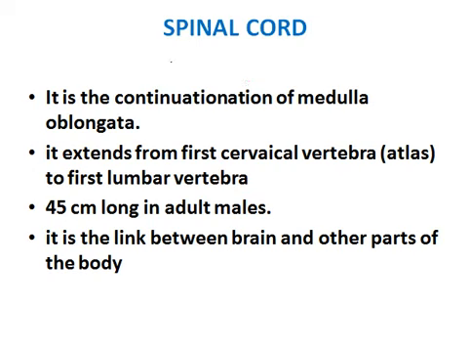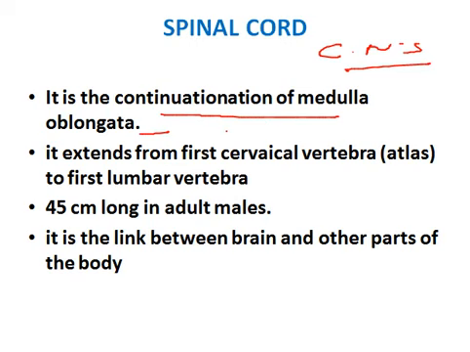Then the last section of the central nervous system is the spinal cord. So far we have discussed the brain. Now spinal cord. Spinal cord is the continuation of the medulla oblongata. So down medulla oblongata you can see spinal cord.